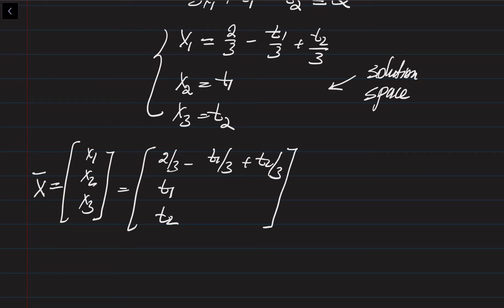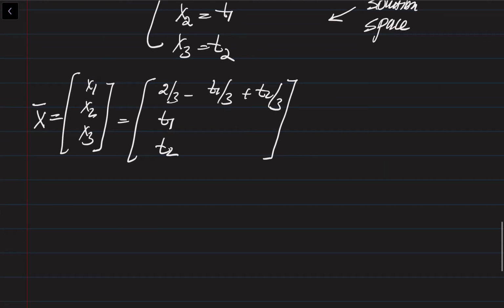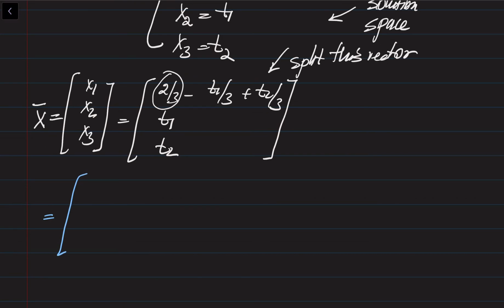I would like to split this vector depending on the free coefficients. Here, for example, 2 over 3 is a free coefficient, and then there are terms depending on t1, the first parameter, and t2, the second parameter. So let's try to do this together. Only the first row has the free coefficient, so I'm going to write this down as 2 over 3, 0, 0.